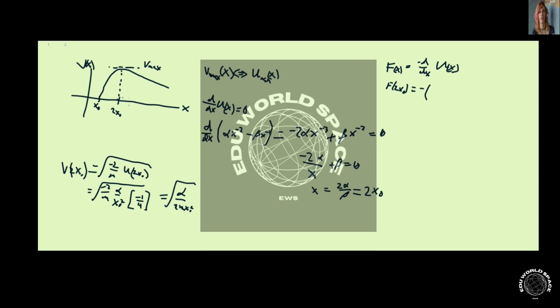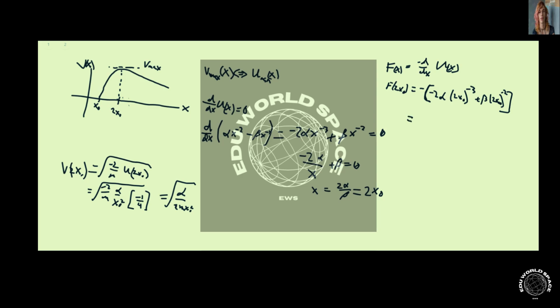So we have negative. We already have what the derivative is from before, so I'm just going to copy this, but replace the x with our 2x naught. So we're going to have 2 alpha, quantity 2x naught to the -3 plus beta, quantity 2x naught to the -2, and then all that times -1 at the front.